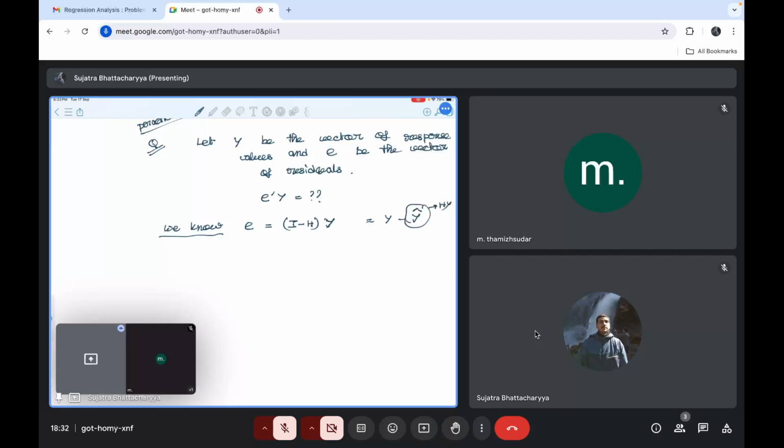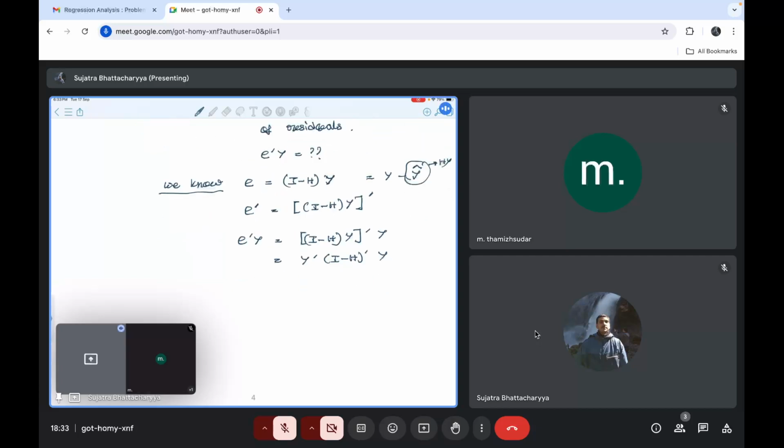Now e dash will be just e transpose, I minus h dash. And e dash y will be I minus h y transpose y. So if you just do this, it will be y dash I minus h dash into y.